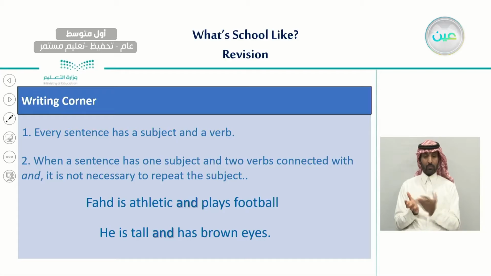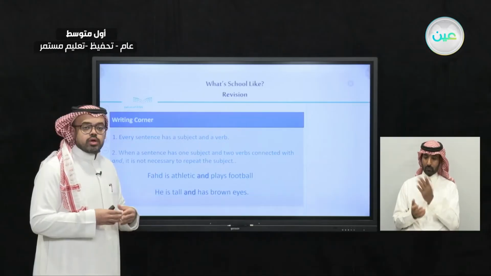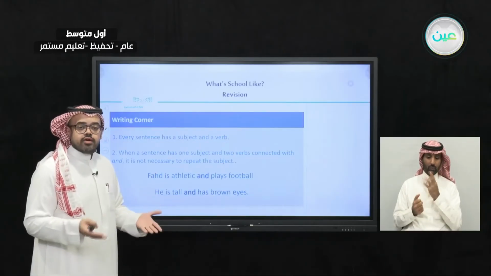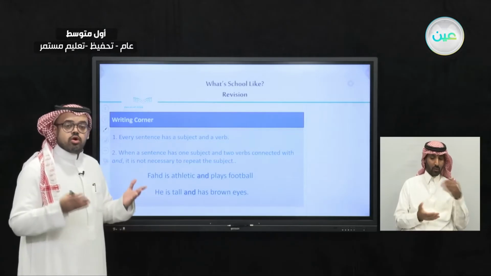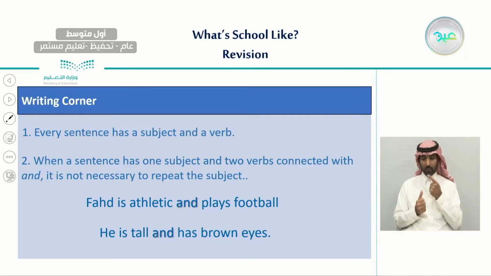Also, in the writing corner, we talked about how in every sentence we have a subject and a verb, and sometimes in sentences where we have 2 verbs, we don't have to repeat the subject. It says here, when a sentence has 1 subject and 2 verbs connected with and, it is not necessary to repeat the subject. For example, we can say, Fahad is athletic and plays football.